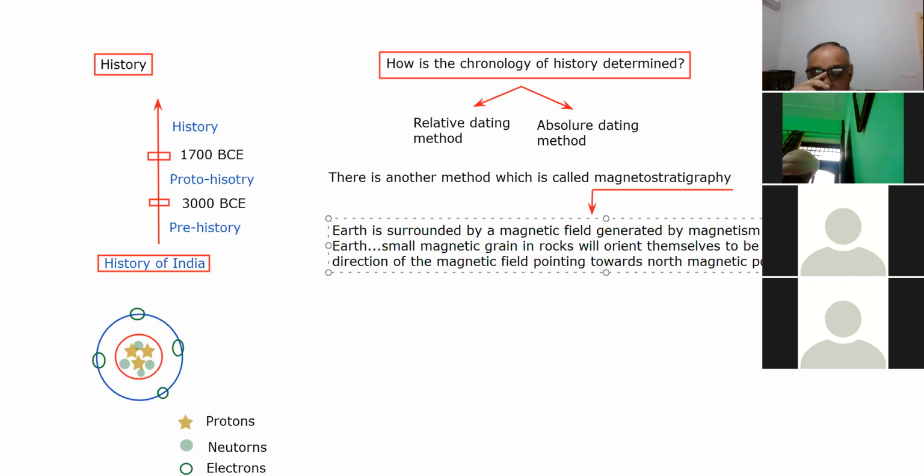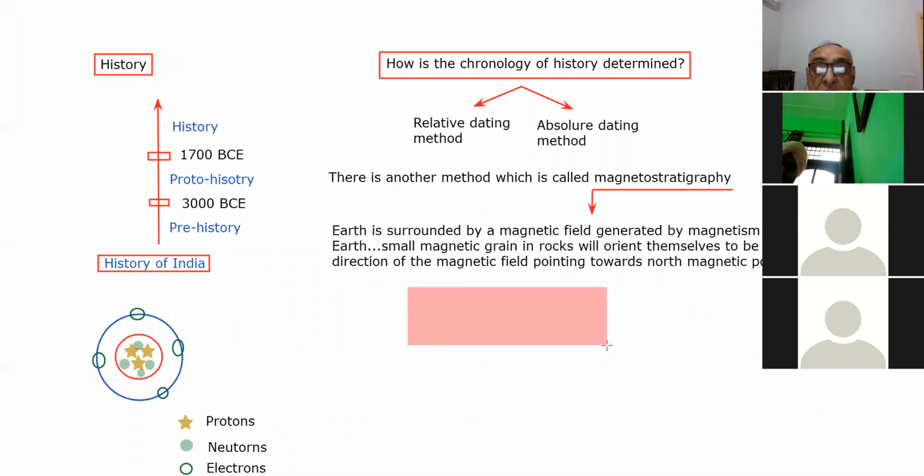So बेटा इसमें क्या होता है कि जो रॉक के इंटीरियर में जो अरेंजमेंट ऑफ द magnetic grains or the mineral particles, right?